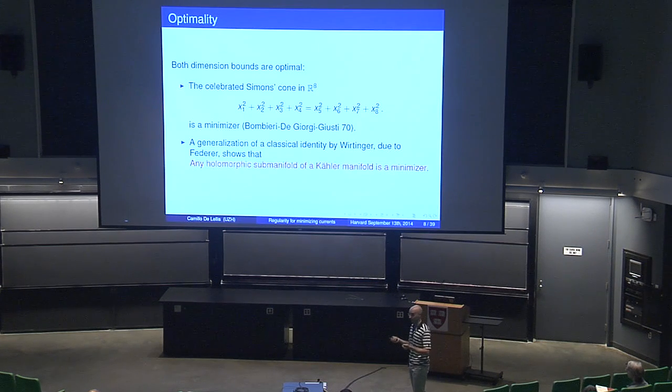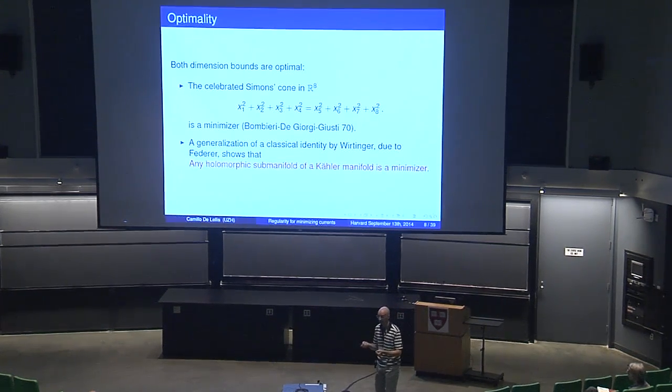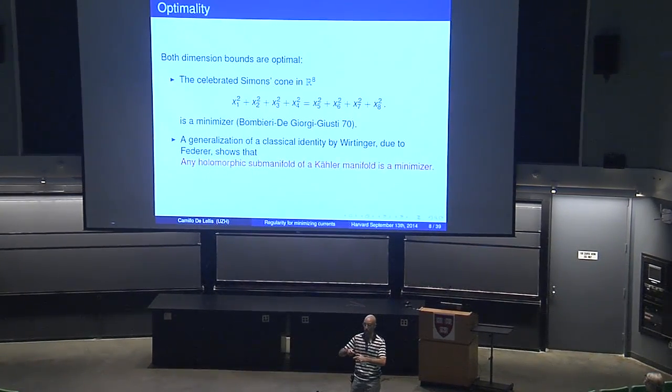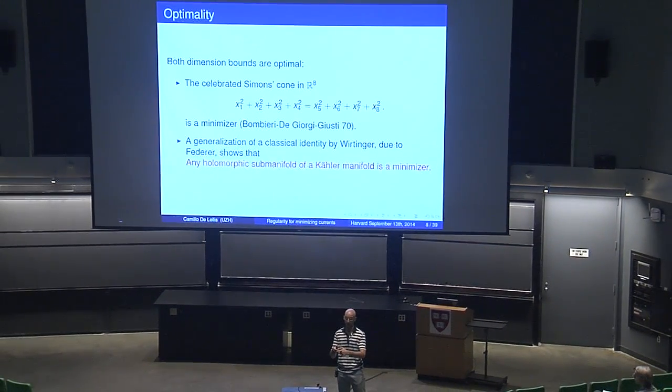If you are in higher codimension, you have this powerful theorem by Federer, which builds on an inequality of Wirtinger, which tells you that anytime you have a holomorphic submanifold of a Kähler manifold, this actually gives you an area minimizing current. For instance, it gives you a minimizer if you just make a compactly supported perturbation of it, in C^n.